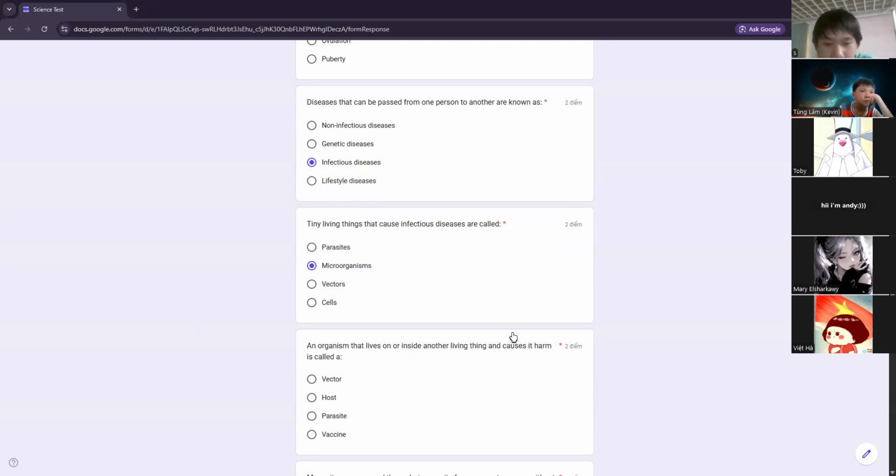A vector is a term used in genetic engineering, which is the cell that is used to create a specific protein and such.